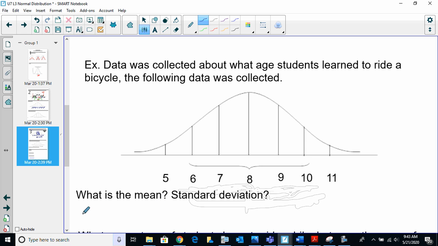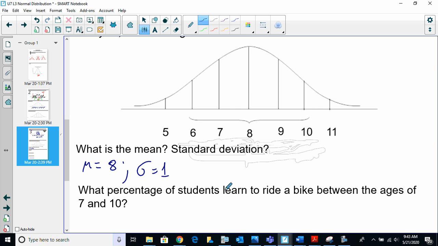That means the mean is equal to 8. And then the increase that you see here is by 1, so 8, 9, 10, 11. That means the standard deviation is equal to 1.